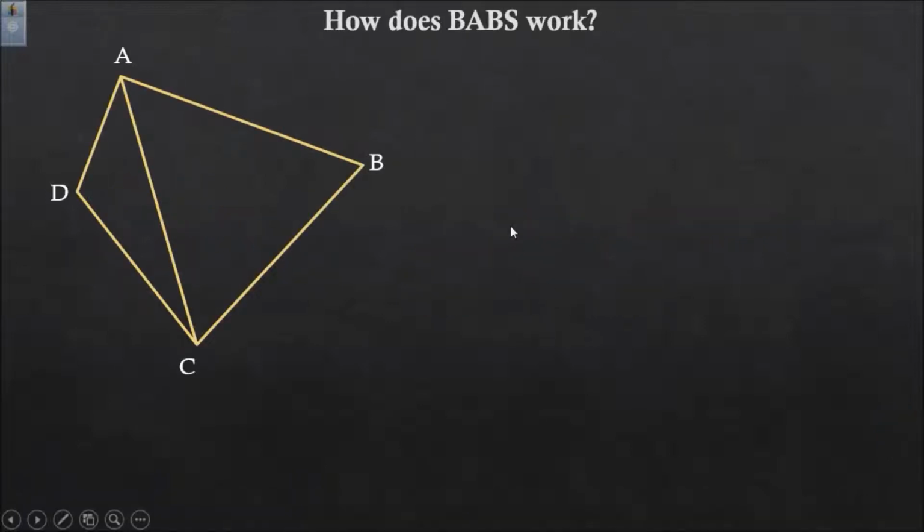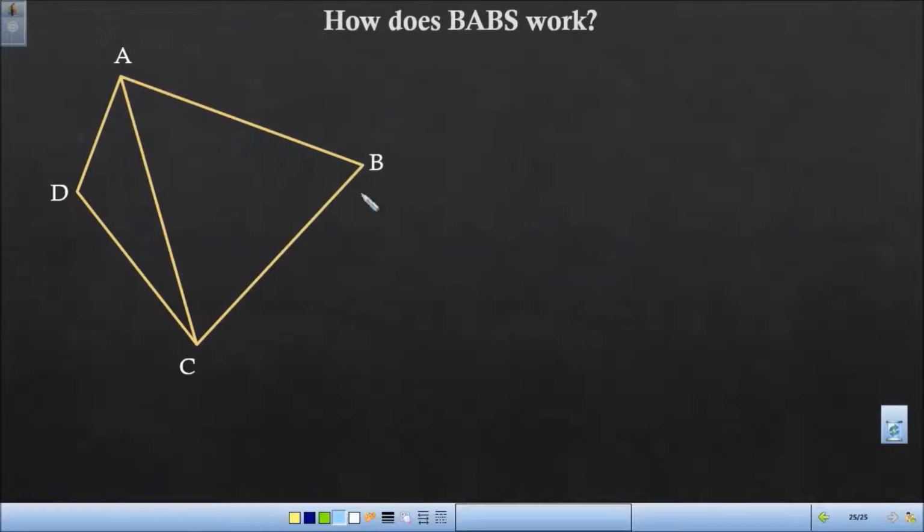The big angle, big side theorem works by identifying angle measures. So let's suppose that this is going to be 70, and this is going to be 60, and this is going to be 50.